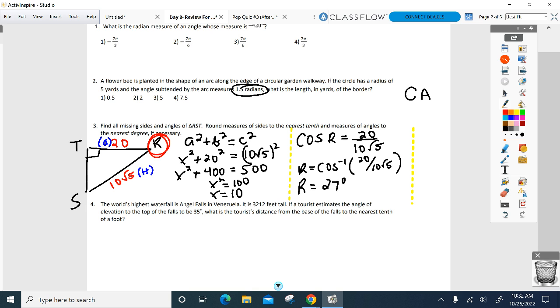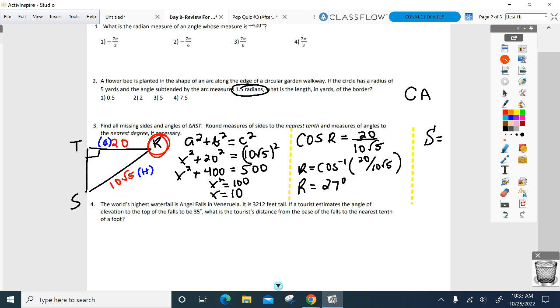All right, look. Can you save me some time? I don't want to have to do sine, cosine, tangent again. Is there a way I could get to angle S a little bit quicker? Go ahead, Tim. By adding to 180, so 90 plus 27 plus question mark. Question mark. That's what I get on a lot of your papers.